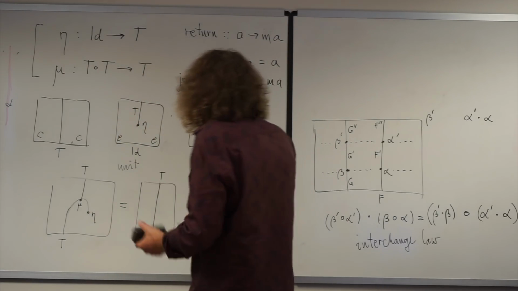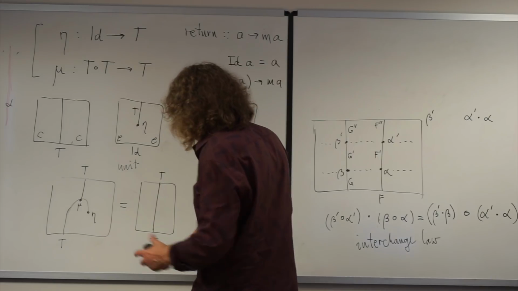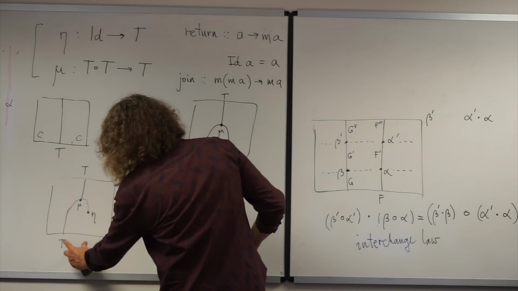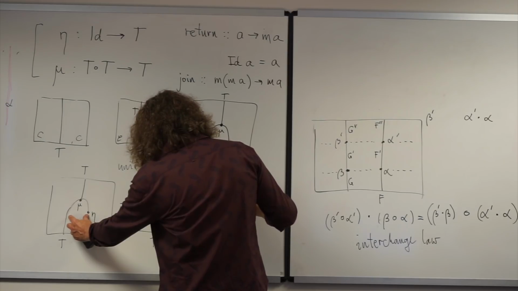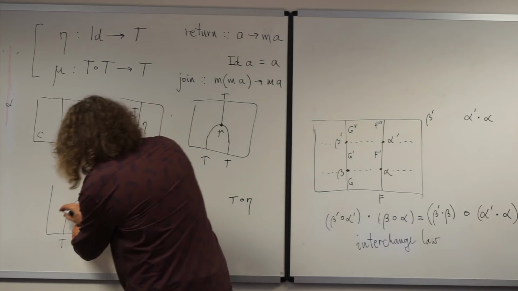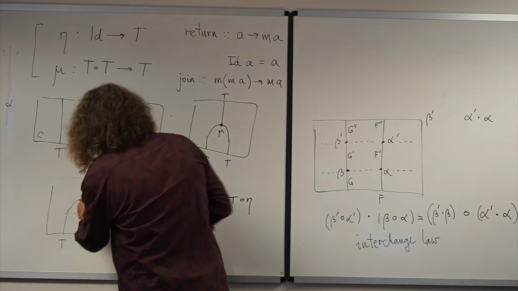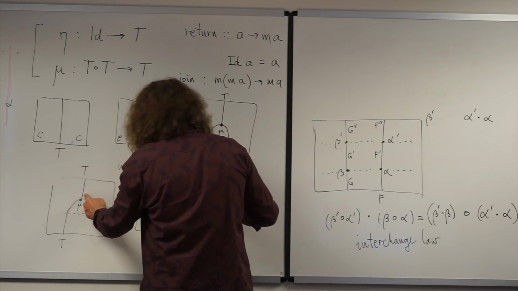So I mean we can write it like this. If you scan it from the bottom, this is t horizontal with eta, right? At this level. Then we get mu.